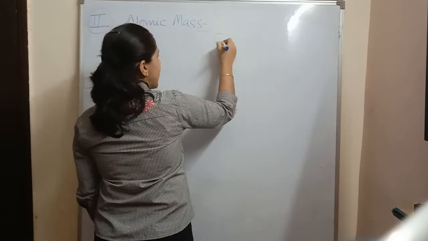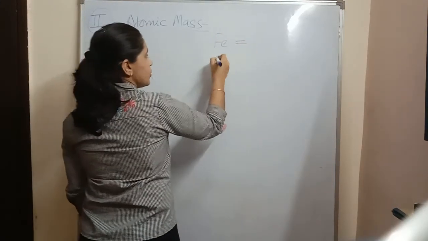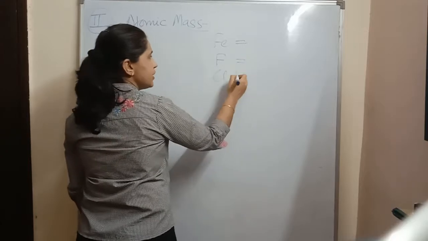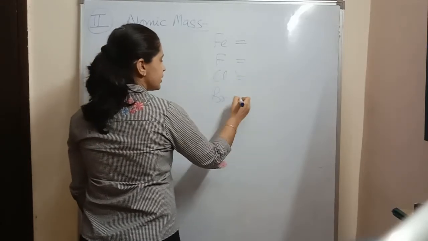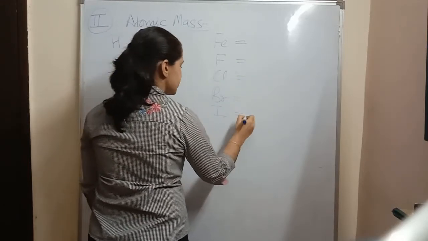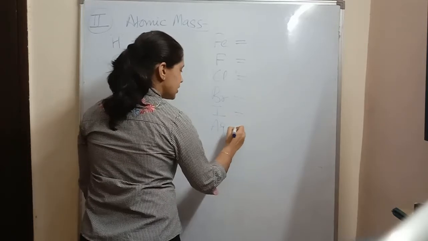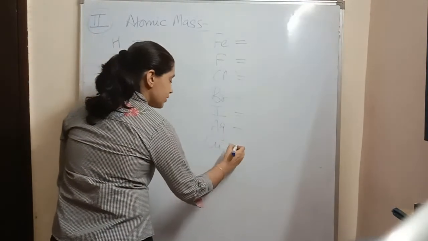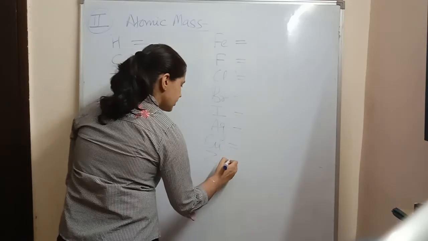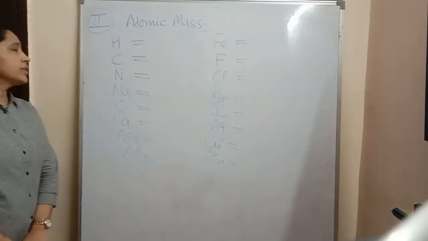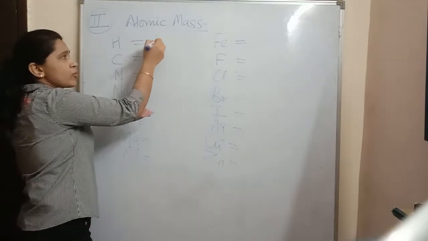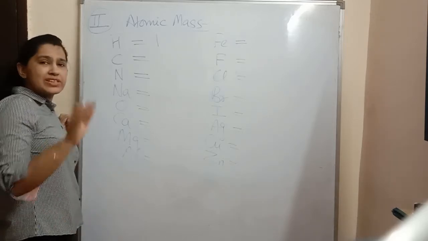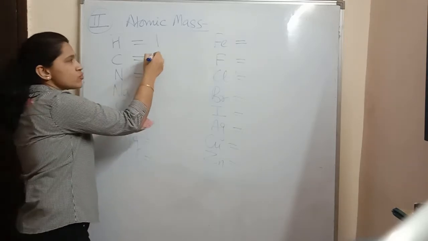Few more: iron, fluorine, chlorine, bromine, iodine, halogens you should know, silver, copper, zinc.